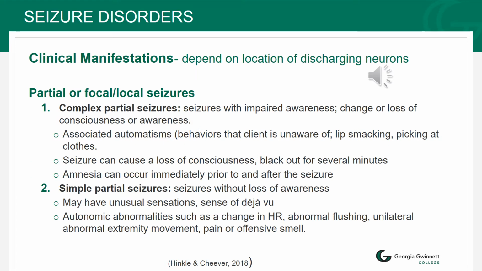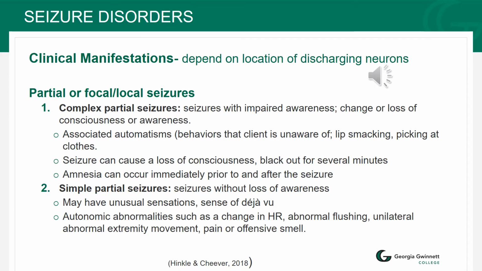So if a client is having a partial or focal seizure, they will have clinical manifestations depending on where those neurons are discharging. Remember, seizures are abrupt, abnormal, excessive, uncontrolled discharge of the neurons.